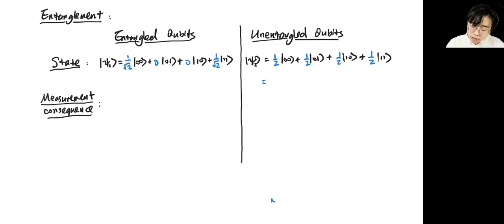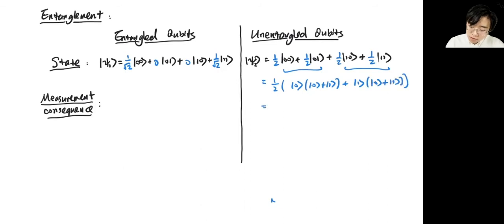Notice that we can, in fact, factor the first qubit out of the quantum state. First, the coefficients, and then grouping the first two, we have 0 for the first qubit and 0 plus 1 for the second. Grouping the third and the fourth, we get 1 times 0 plus 1. Now we can group it even further.